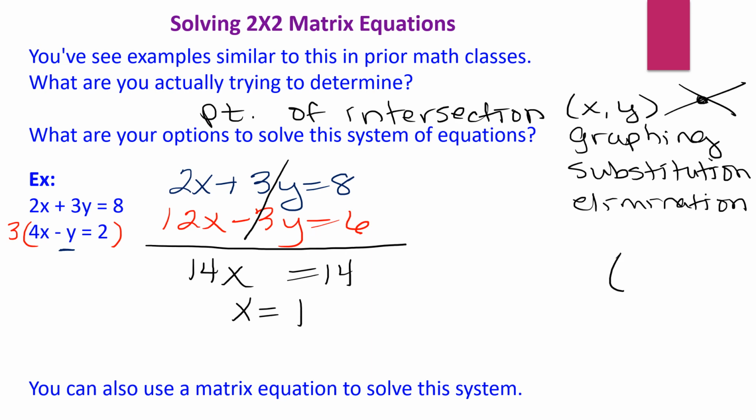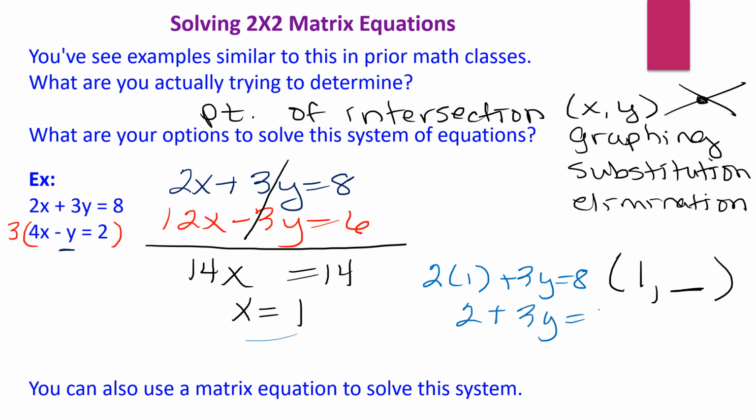So when I find that point of intersection, I already know that the x coordinate is 1. Now here's where you have a choice. You're going to substitute x, its value, back into either of the two equations that you have. We'll just go with the first one because it's first. So it's 2x, or 2 times 1, plus 3y equals 8. 2 times 1 is 2. Excuse me, that should be a 2. So it'll be 2 plus 3y equals 8.